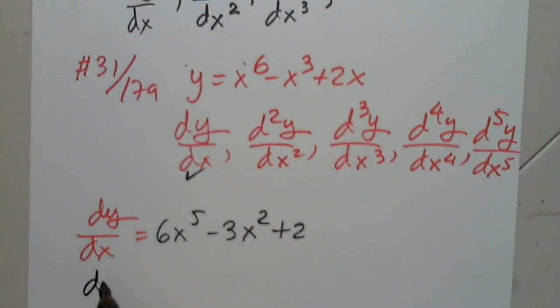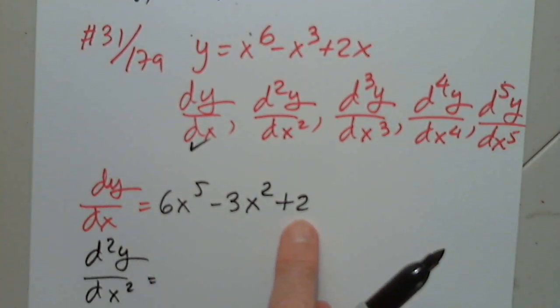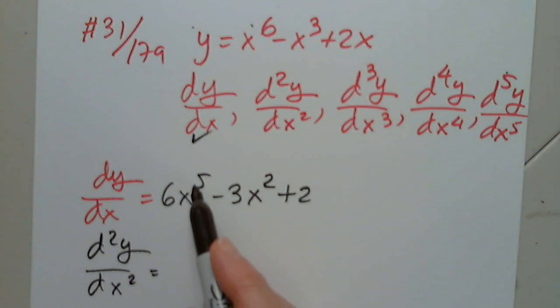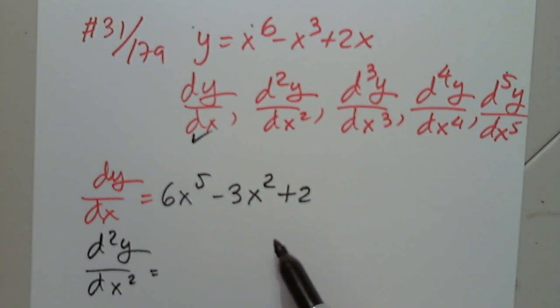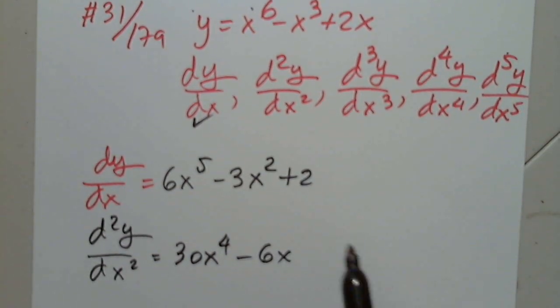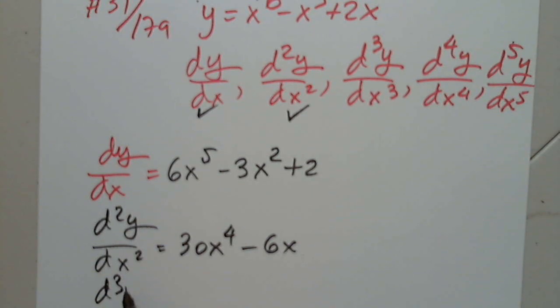We are differentiating now to find d2y over dx2. Anyone, please? 30x to the 4th minus 6x. Perfect. This is done. d3y over dx3.